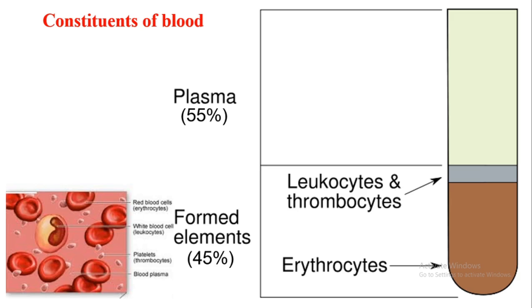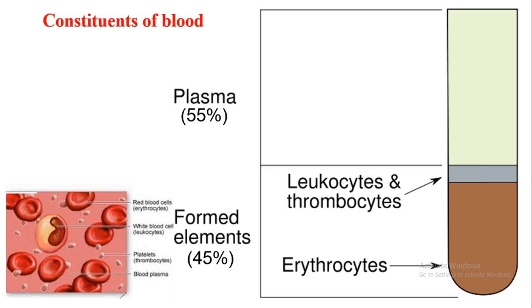Blood has majorly two components. One part is the liquid part which is called plasma. The other part includes formed elements, that means blood consists of two parts, plasma and formed elements.